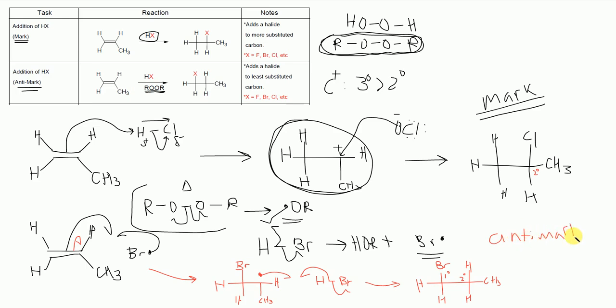Okay, so anti-Markovnikov means that I have a least substituted carbon addition of the halide or whatever group is being added in the reaction, right? And this is due to the peroxide. Okay, so peroxides will always change the reaction from being Markovnikov to anti-Markovnikov. That's something important to remember.